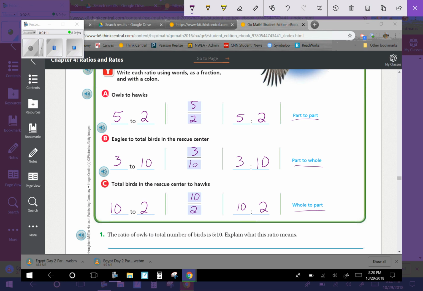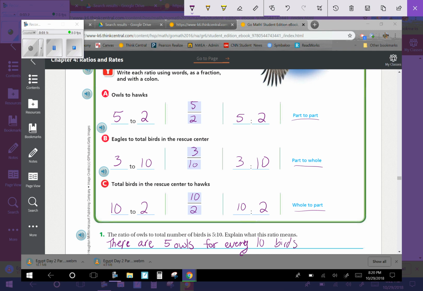Explain what that ratio means. That means that there are 5 owls for every 10 birds.